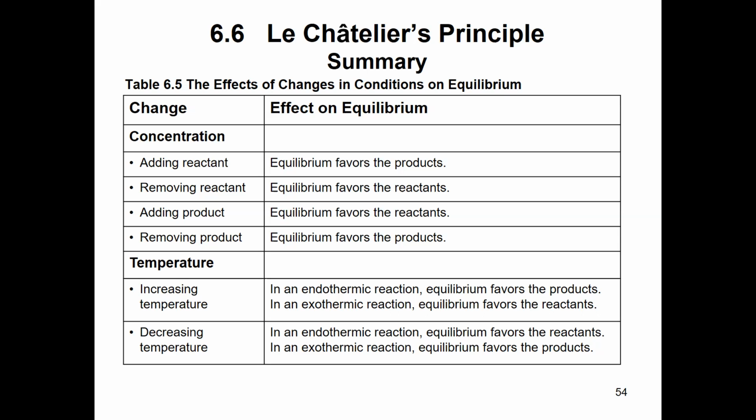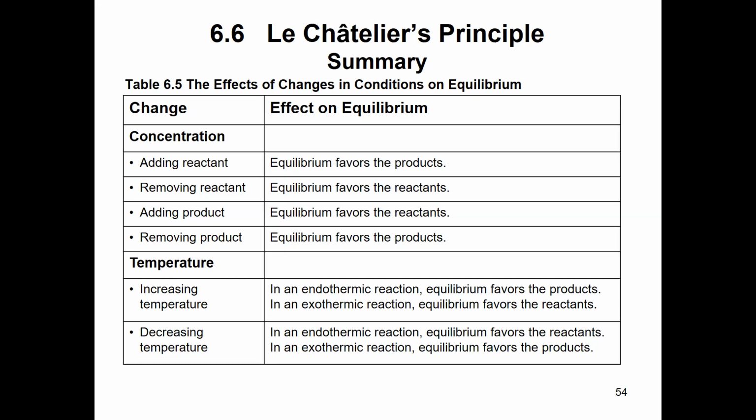So by removing a product from the equilibrium, you favor the production of product, because you're removing it. So the equilibrium tries to replenish the product. And so it favors the product. So this way you are able to push the equilibrium towards the side that you want by playing with those factors.